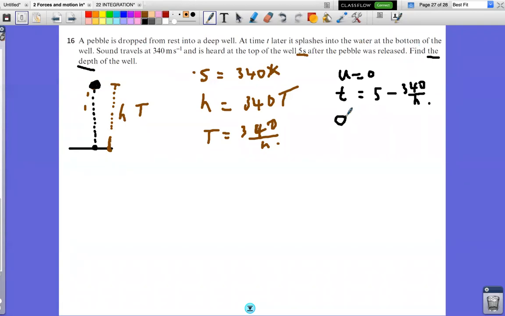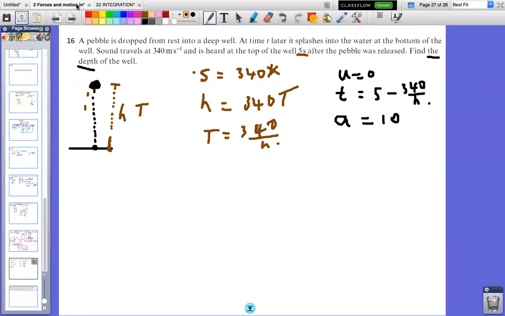And then we know that the acceleration is 10. Remember that this object was not falling in water, so the acceleration is still 10. It's falling in air, because the problem says that it splashes into the water at the bottom of the well, so there is water here. So it's falling in air, so your A is 10. All right?